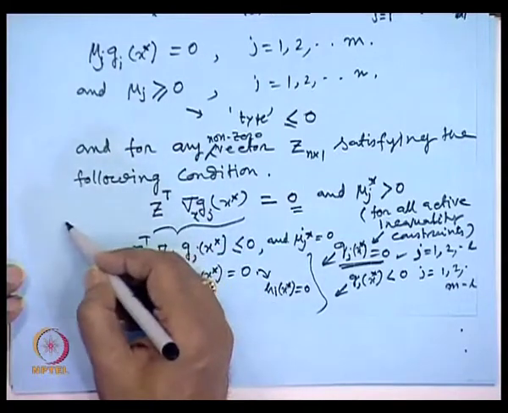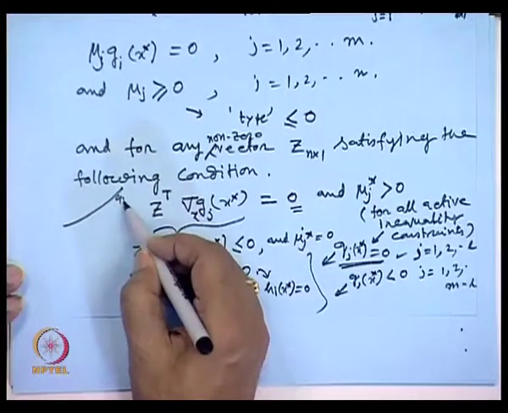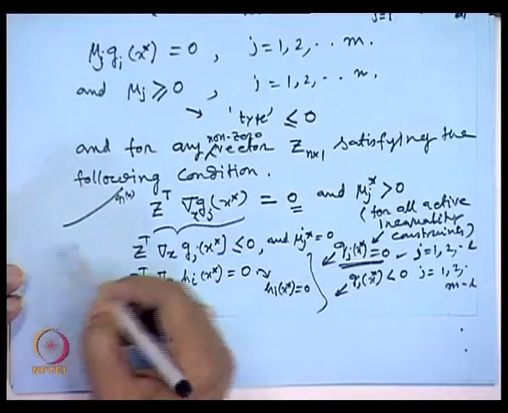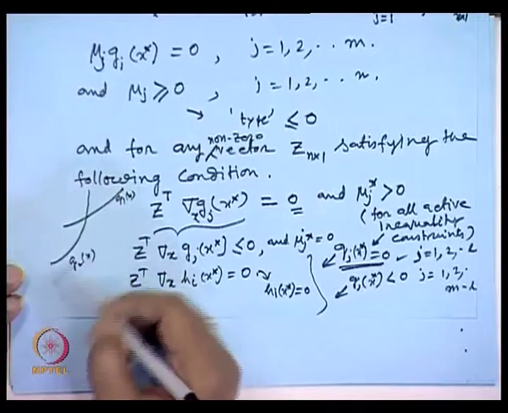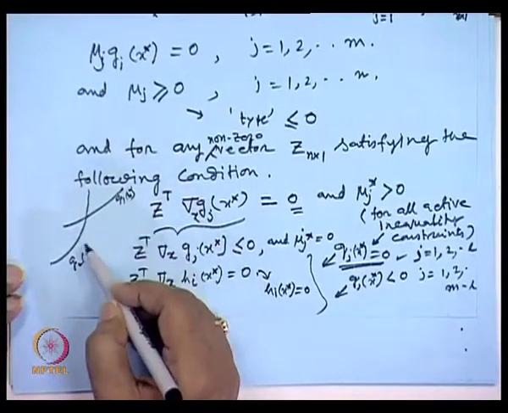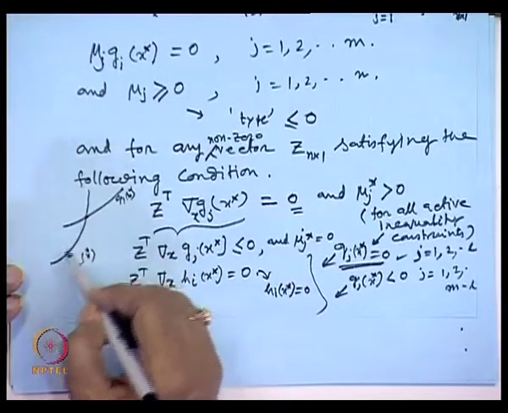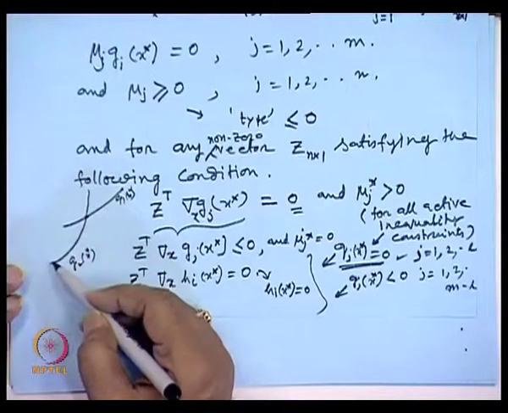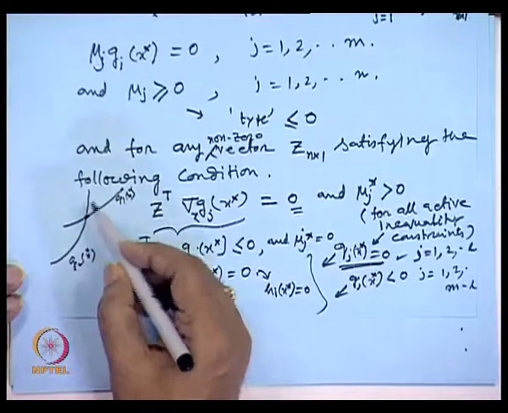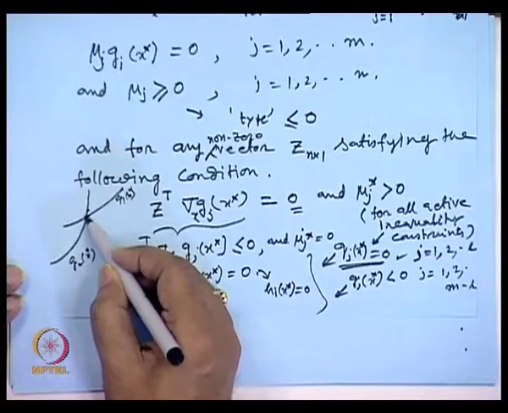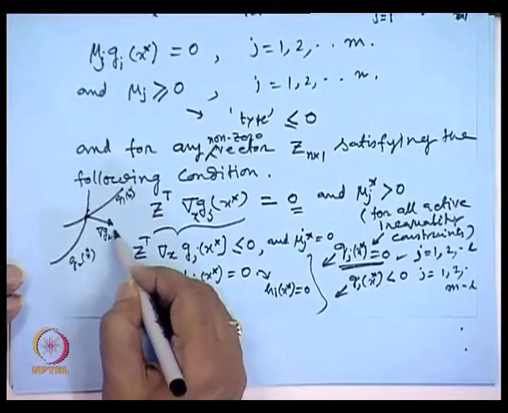That means, if you have one constraint, g_1 of x, and another constraint like this, g_2 of x, agree? At this point the function value is 0. Now, what you find out is the gradient at this point, because these equality constraints are satisfied. You draw the tangent corresponding to this curve here, and perpendicular to this one is the gradient of g_2 of x.